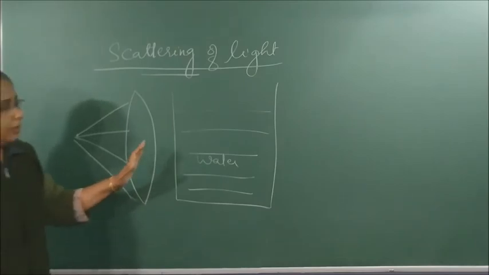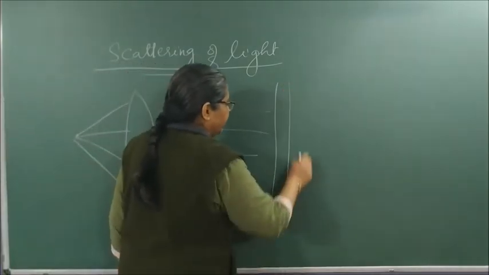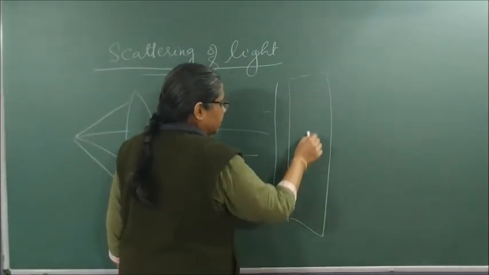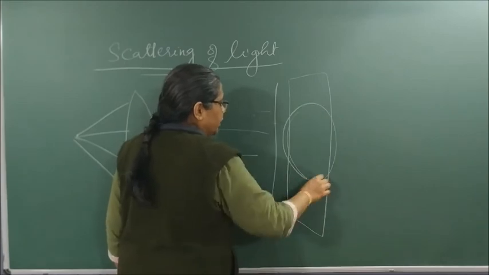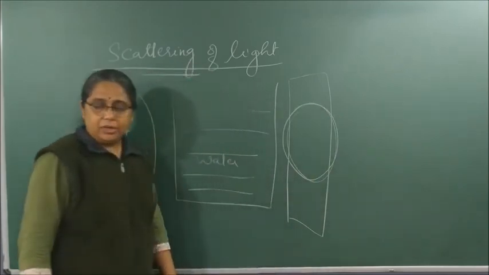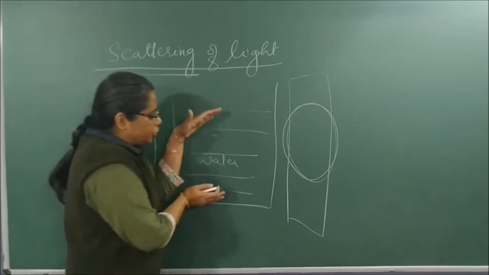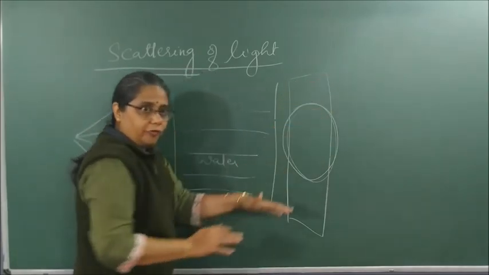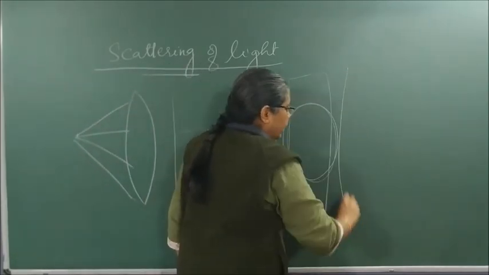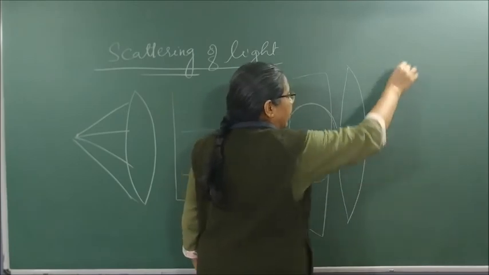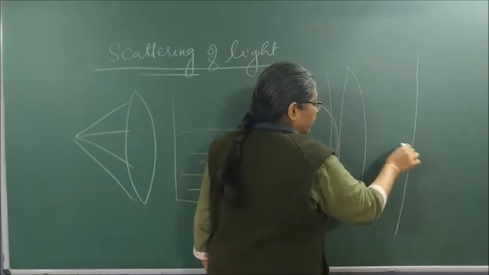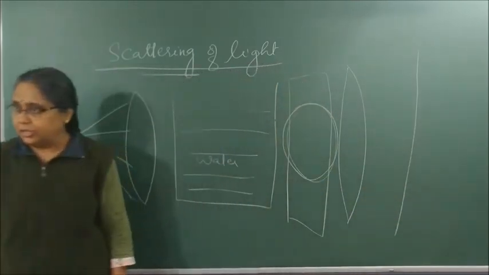Beside it I have placed a cardboard, and this cardboard has an opening only at the center. So it will focus all the rays of light which fall on another convex lens, and a screen is placed at the focus of this convex lens.